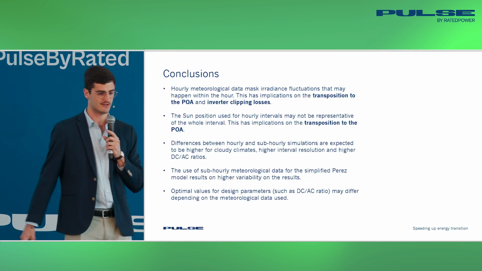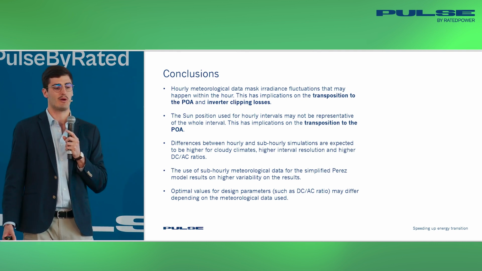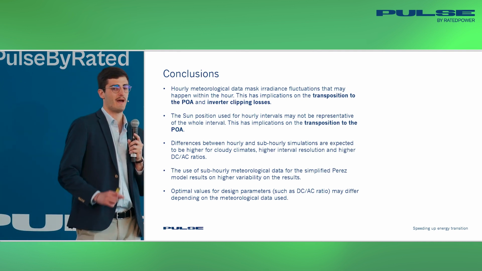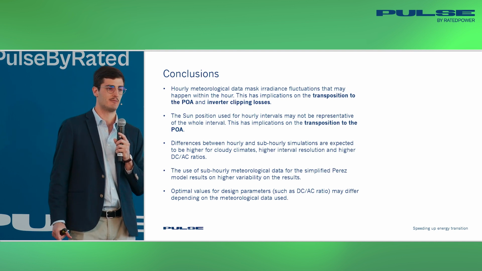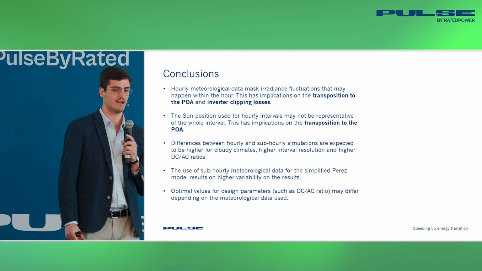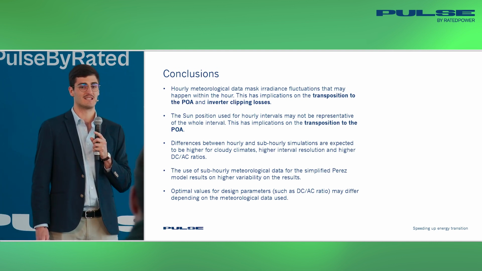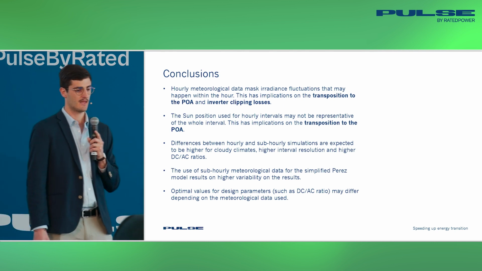So as conclusions, we could think that hourly meteorological data mask irradiance fluctuations that may happen within 1 hour. This has implications not only in the inverter clipping losses, as I just mentioned, but also on the transposition to the plane of array.